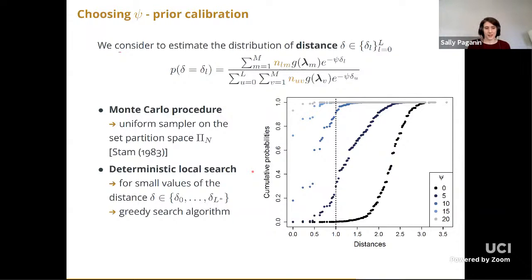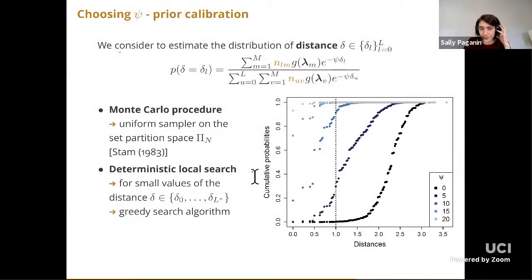We pair this uniform sampling with a deterministic local search, in the sense that we locate our CNOT partition in the Hasse diagram, and following the path from the Hasse diagram, you can explore the partitions that are nearby. We do it in the neighborhood of CNOT to be sure to get at least some partitions that are close to the one of interest.